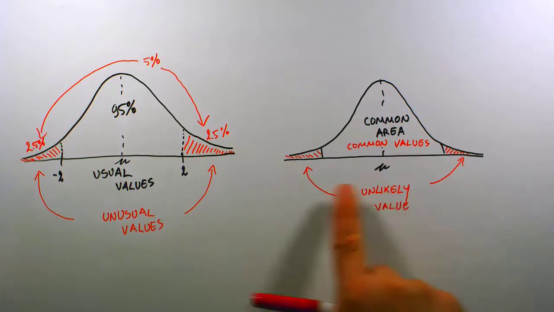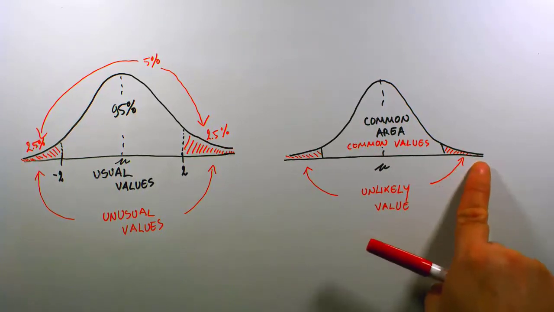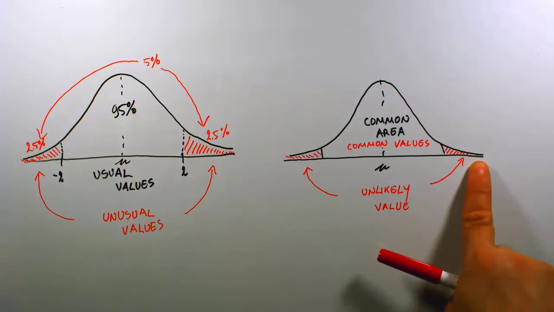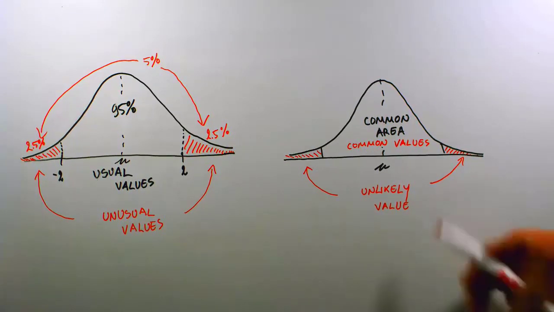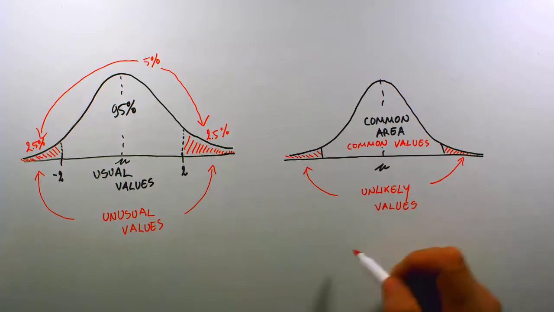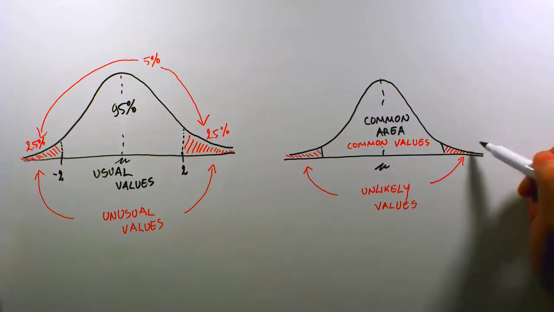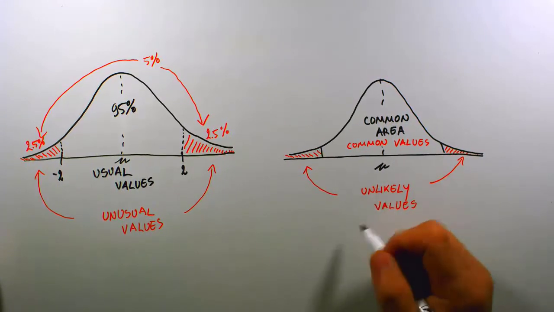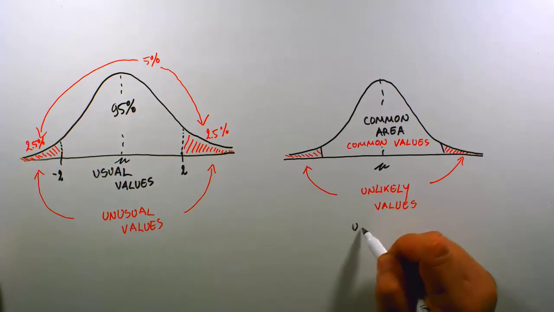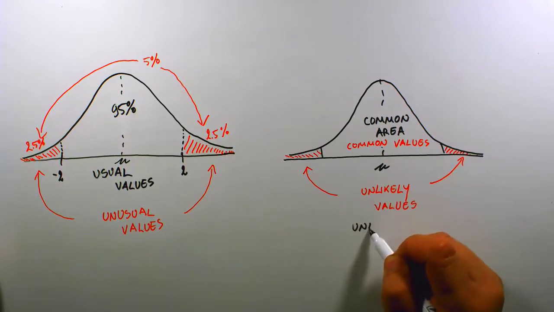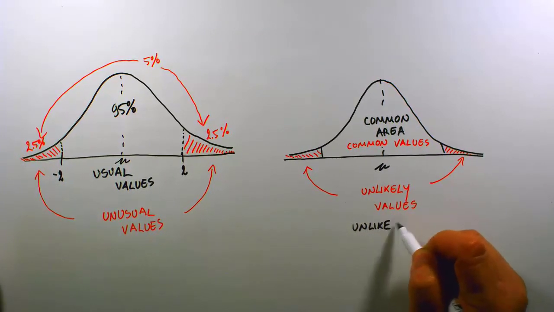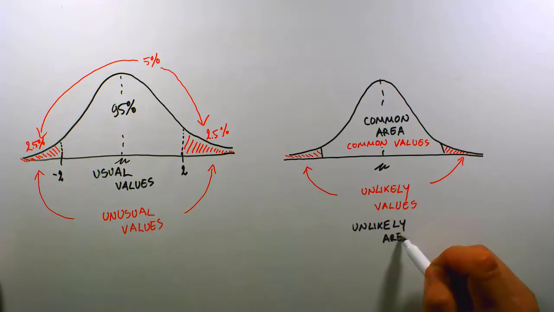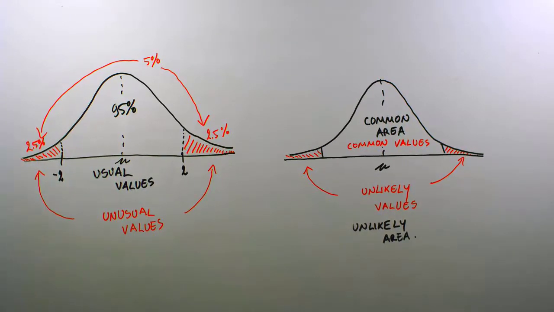So any value has low probability to be in either the extreme end on the left or the extreme end on the right. And so these unlikely values are at low probabilities. And the area itself, we refer to as the unlikely area, where we have unlikely values.